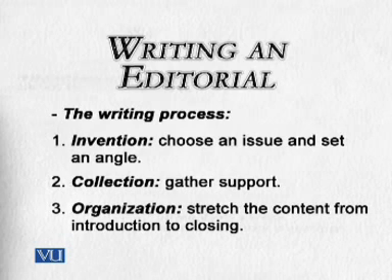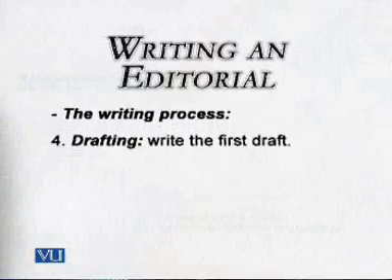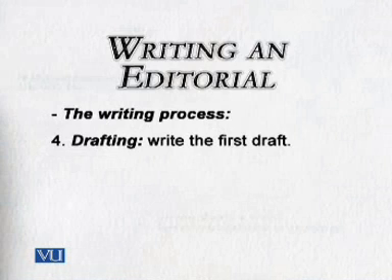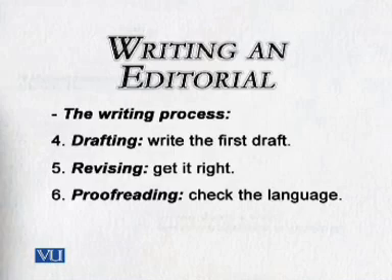Number 3 was organization, in which, keeping the topic and relevance in mind, we select ideas which are primarily relevant and then secondarily relevant. Then we organize: most important first, second most important second, third most important third, and then the remaining points. Next is drafting, in which we put those ideas into language, and then revising, and of course, proofreading. These are the 6 steps of the writing process.